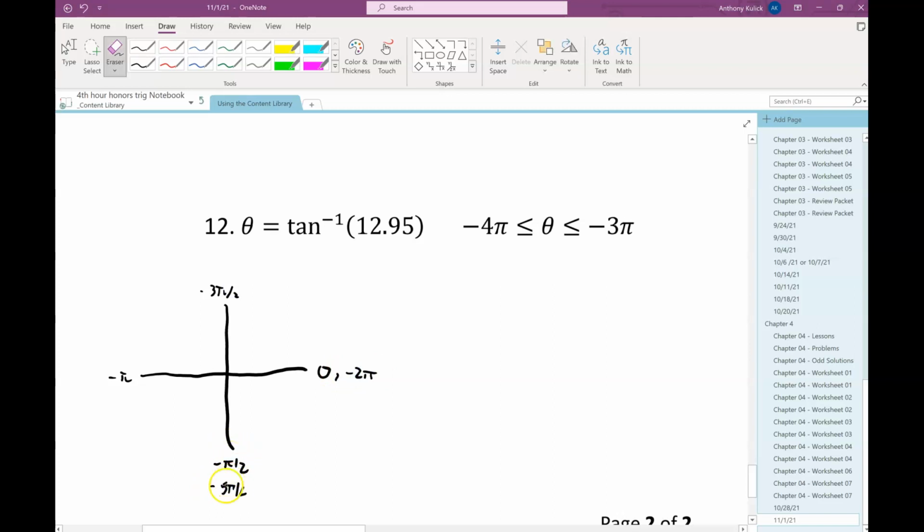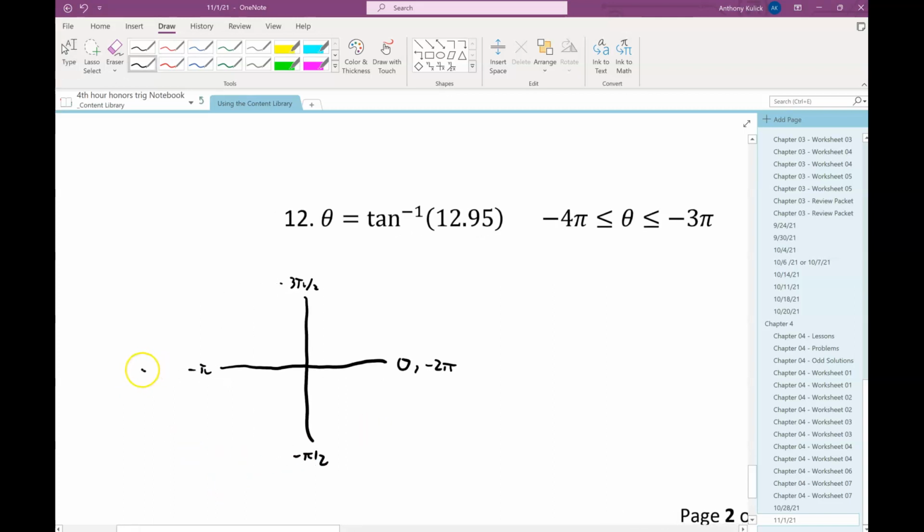In fact, I'm going to stop doing the negative half ones. So that's negative 3 pi, and then negative 4 pi. So we're looking at something in quadrant 1 or 2.